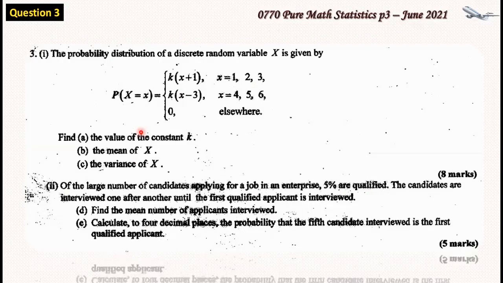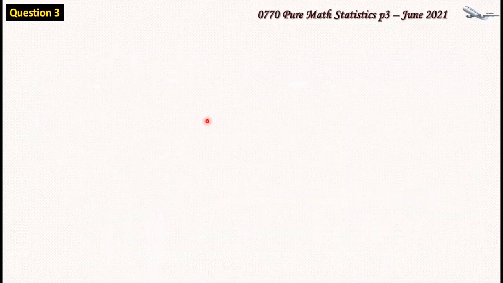So we have k into 1 plus 1 when x equals 1, plus k into 2 plus 1, plus k into 3 plus 1, plus k into 4 minus 3, and so on. The sum of all of that should give us a value equal to 1.